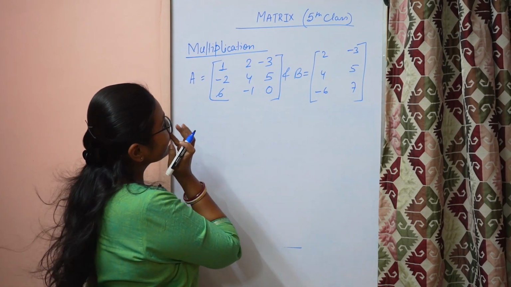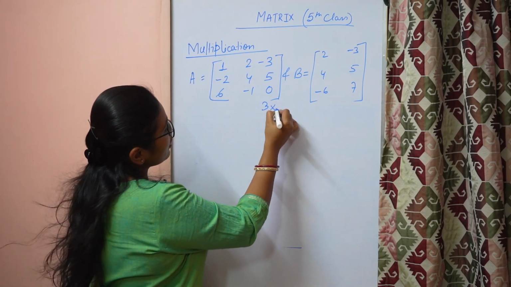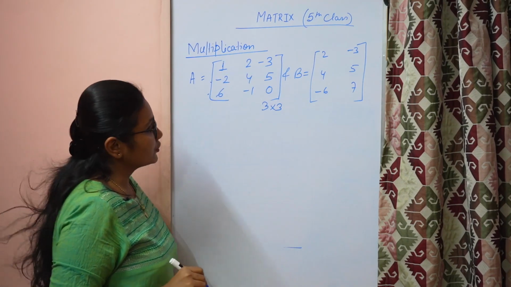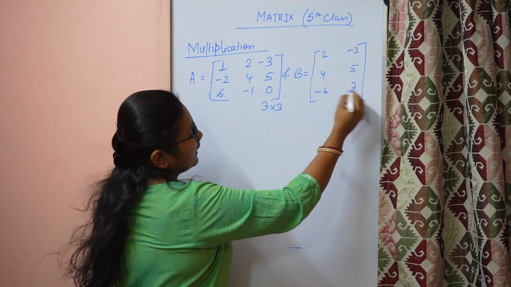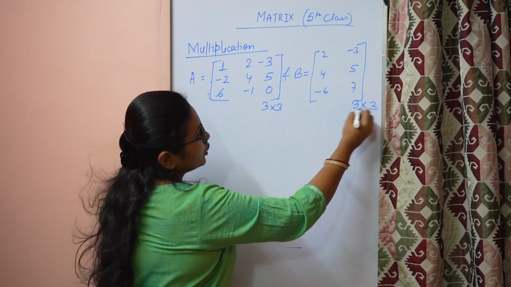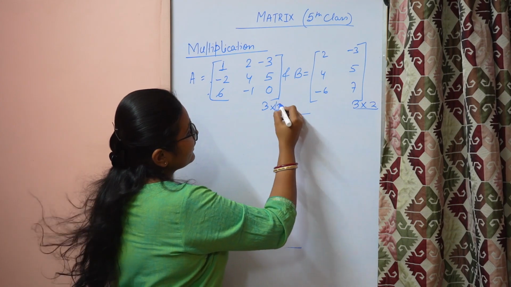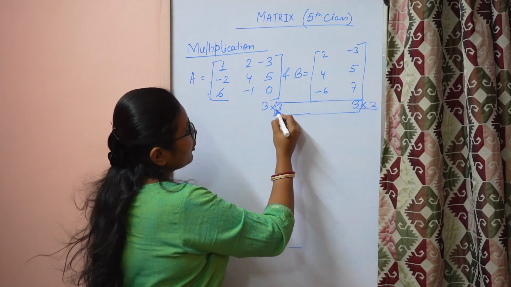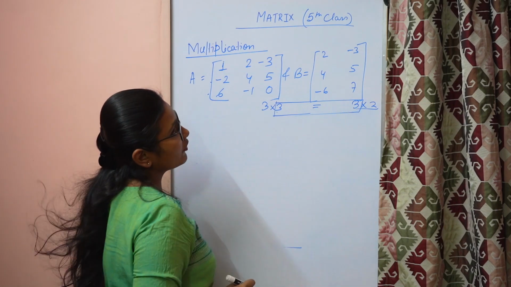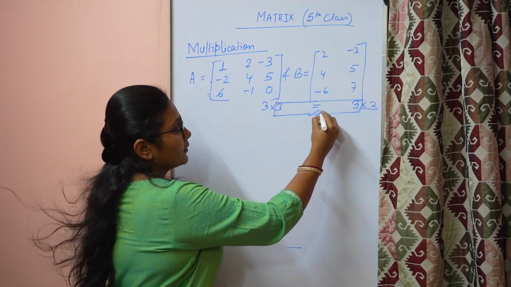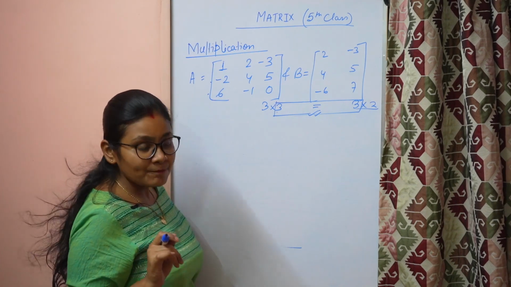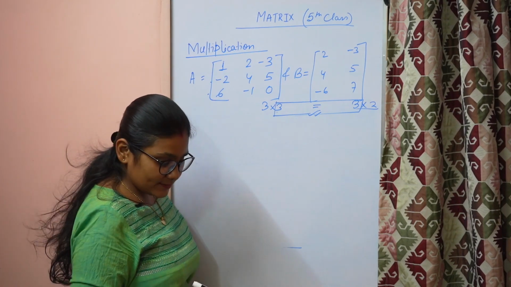Here the order of A is 3 cross 3, so the number of rows is 3 and the number of columns is 3. Here the order of B is 3 cross 2. The number of columns of A is equal to the number of rows of B, so the product exists, or you can say they are conformable matrices.